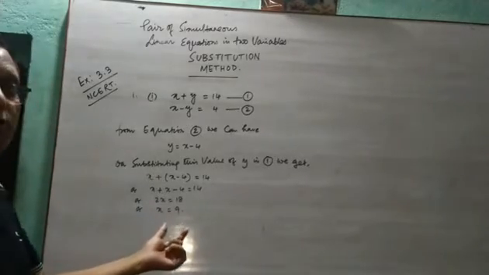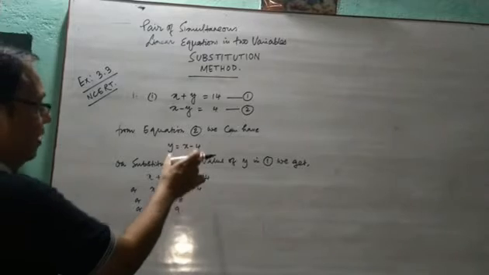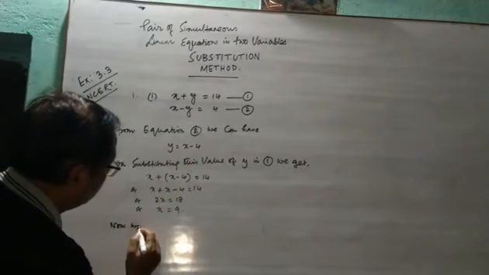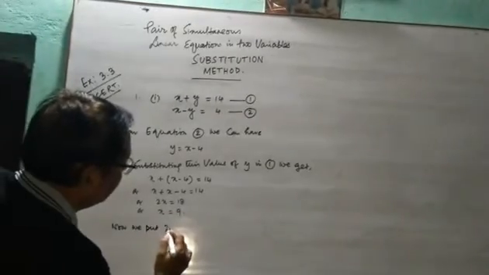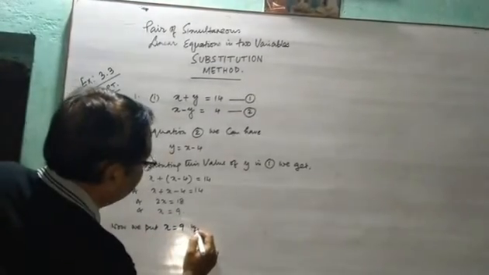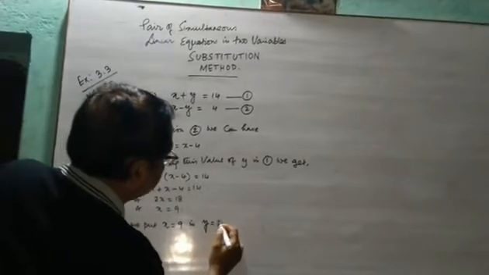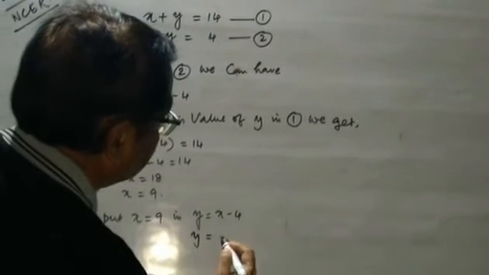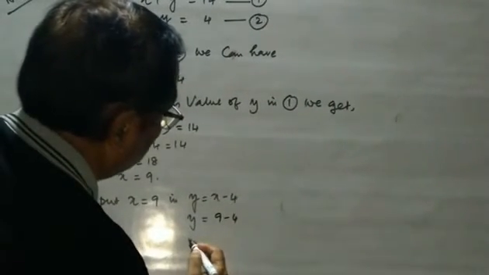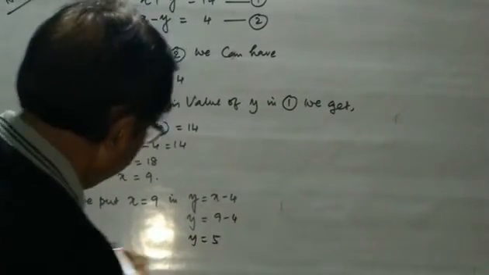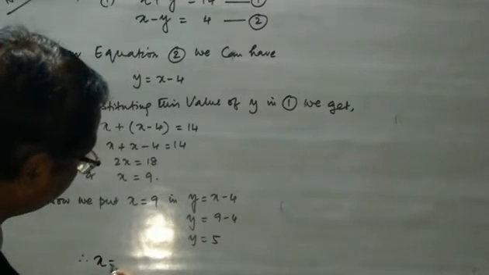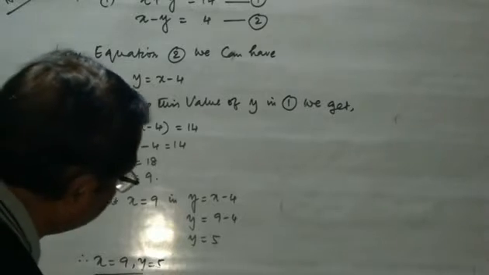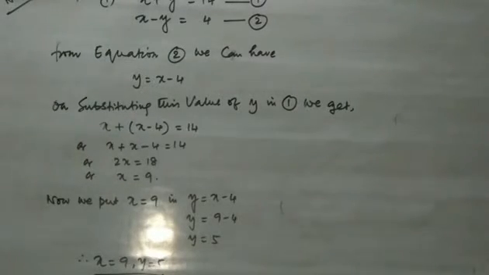We have got the value of x equals 9. We will substitute this value over here. Now we put x equals 9 in y equals x minus 4. So that is y is equal to 9 minus 4, y is equal to 5. Therefore, x equals 9 and y equals 5 is the required solution.